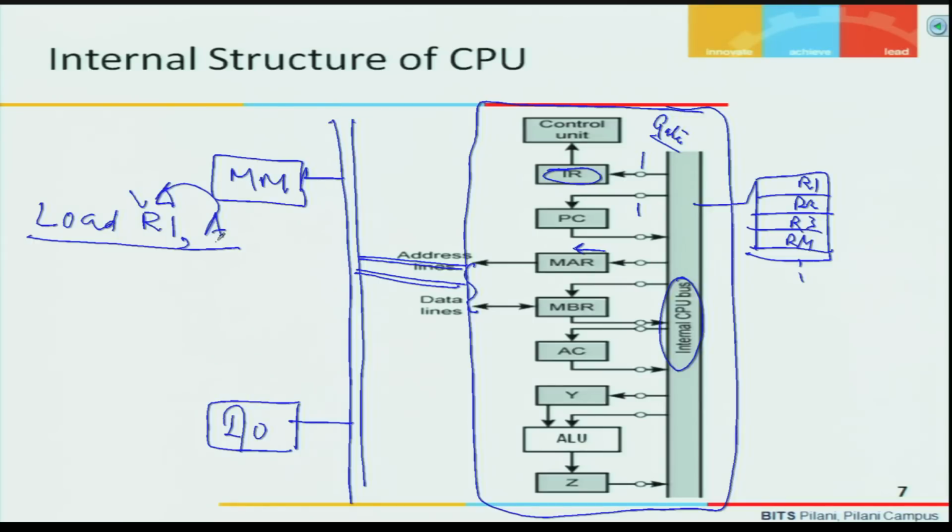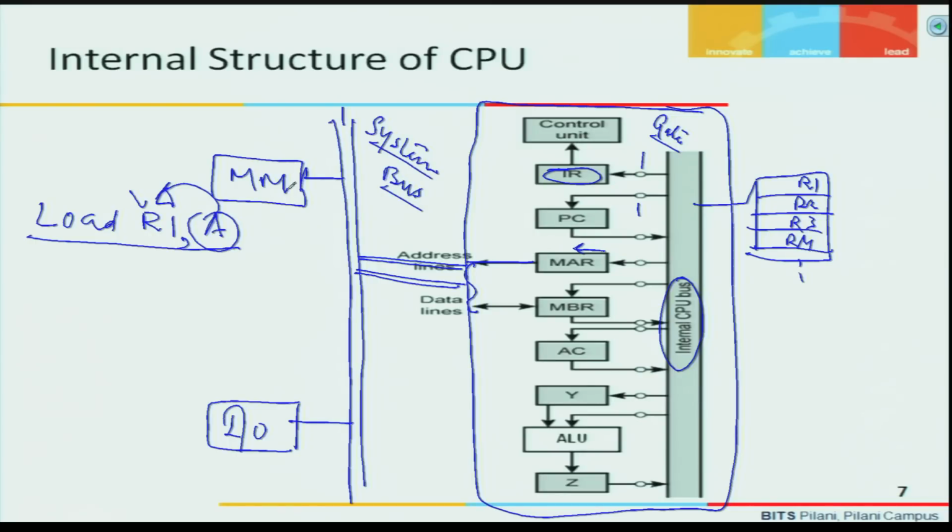The address of location A will be there in MAR, and the contents of MAR will pass to the system bus. This is the main bus of your computer, called the system bus.